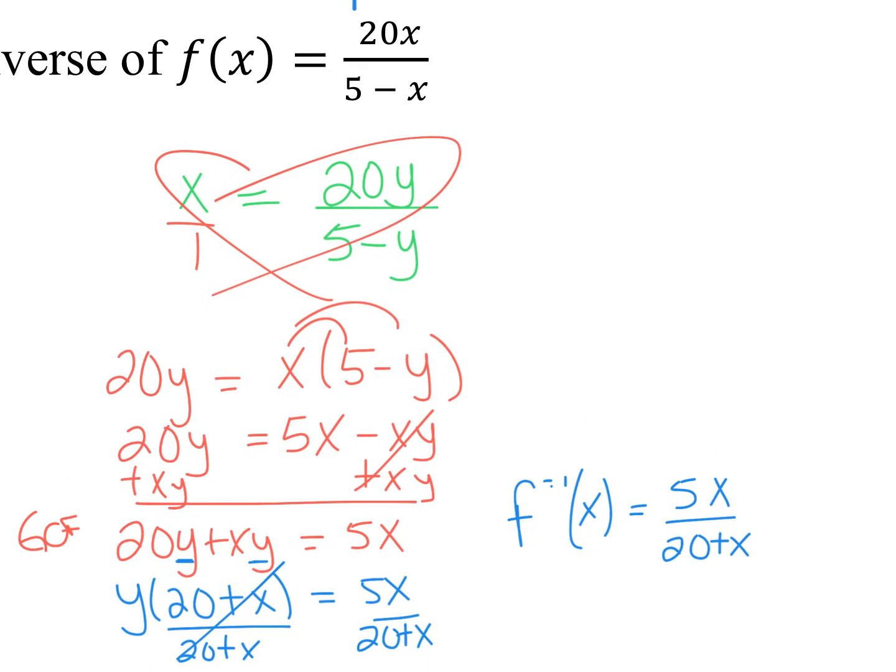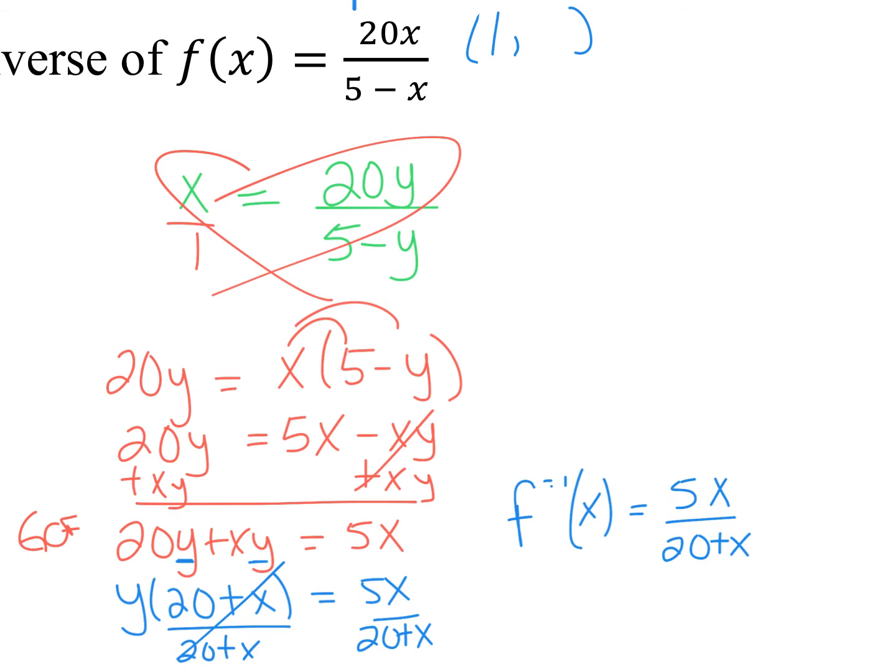That's it. Now to check your answer, what you can do is plug in a number. So let's plug in 0 for x. If I plug in 0 for x, let's see what I got. I probably will get 0. So if I plug in, oh, that's probably not a good example. Yeah, don't do 0. And I should have told you that. I usually don't use 0 to plug in. Maybe we'll try 1. Let's see what we get with 1.